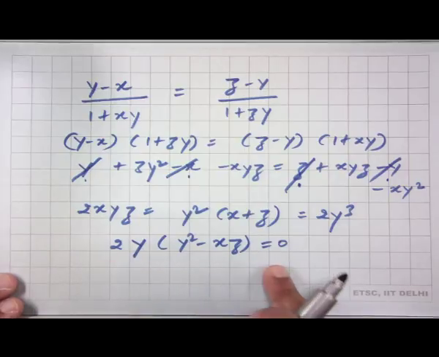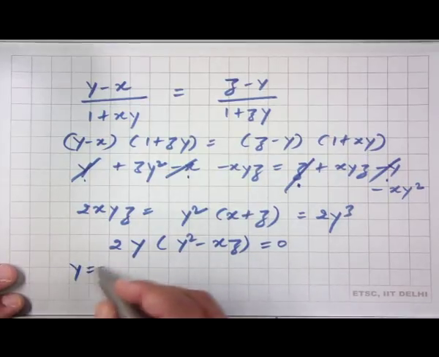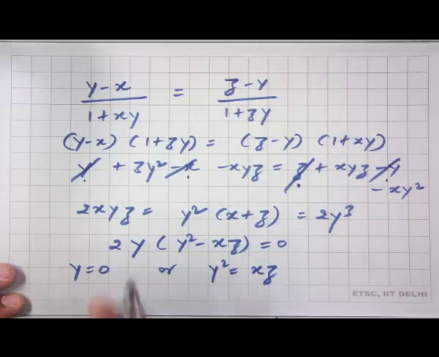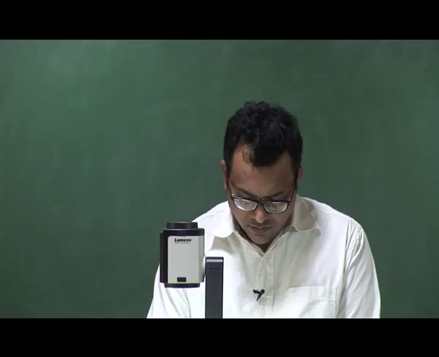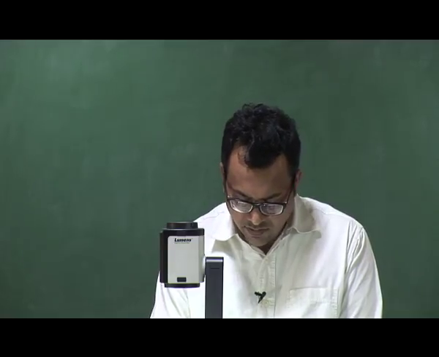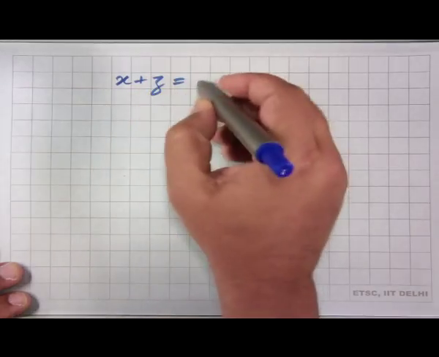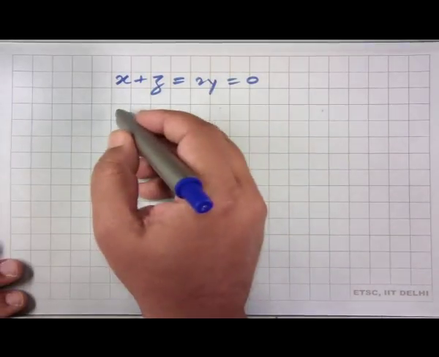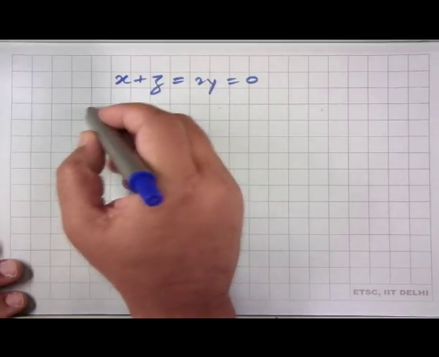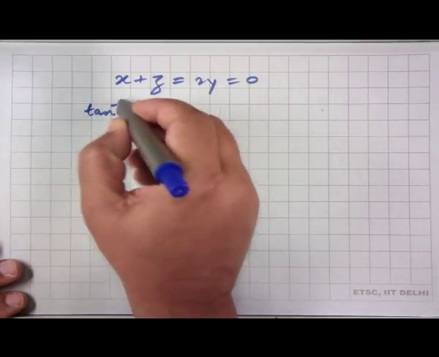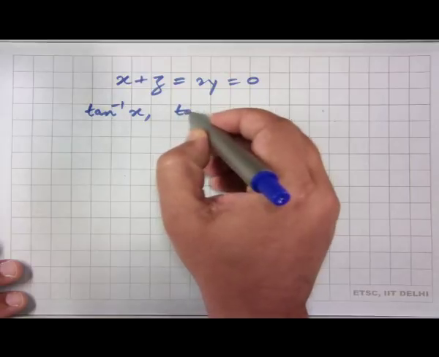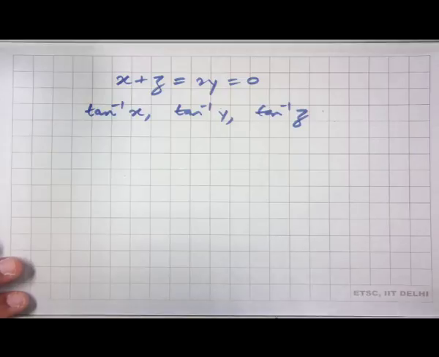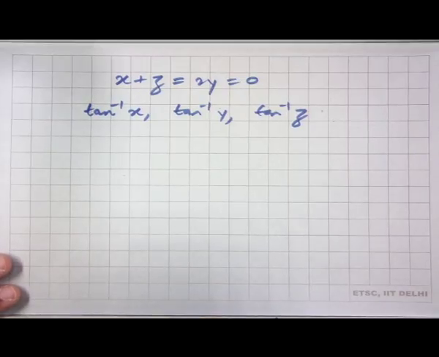Now, from here there are only two possibilities. So, either y is 0 or y square is xz. Now, if y is equal to 0, then we have x plus z equals 2y equal to 0, and we also had that tan inverse x, tan inverse y and tan inverse z are in arithmetic progression.